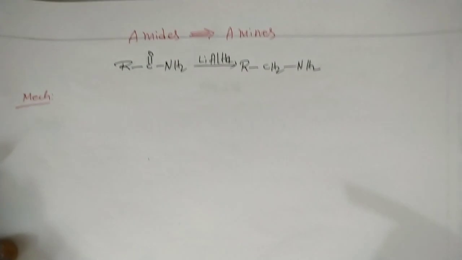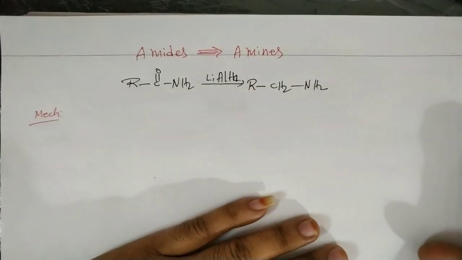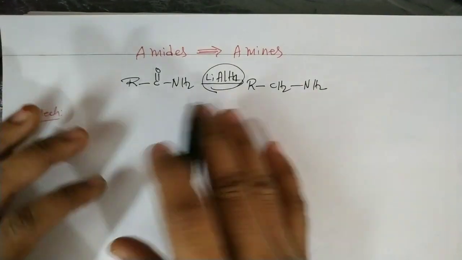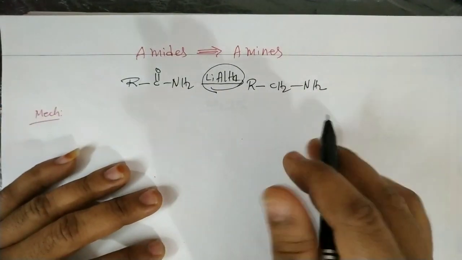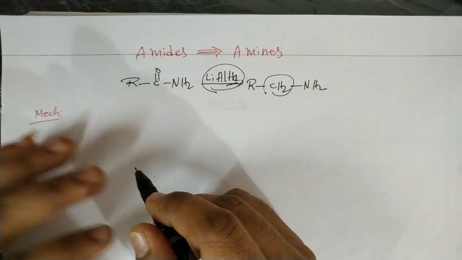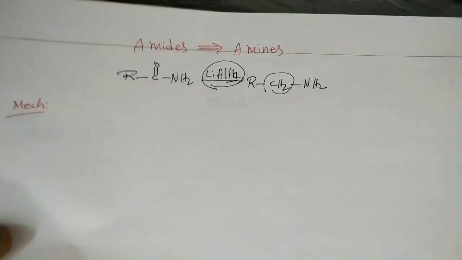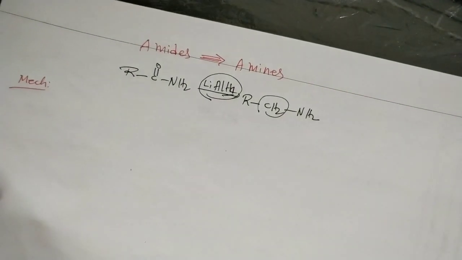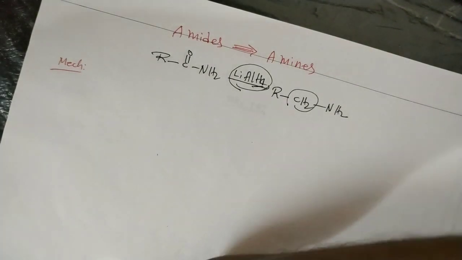And next, one more reaction: how to reduce amides to amines by using lithium aluminum hydride. Amides can be reduced to amines. In this case, two hydrogens come from the lithium aluminum hydride. You can see the mechanism of this reaction, and I can show it directly from the textbook.